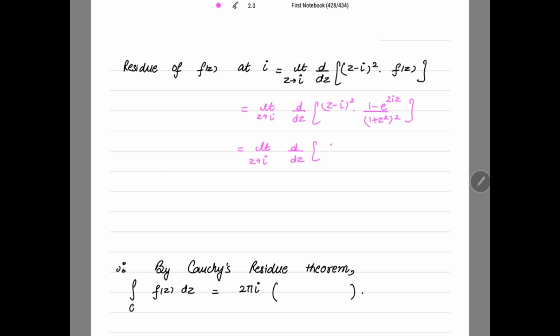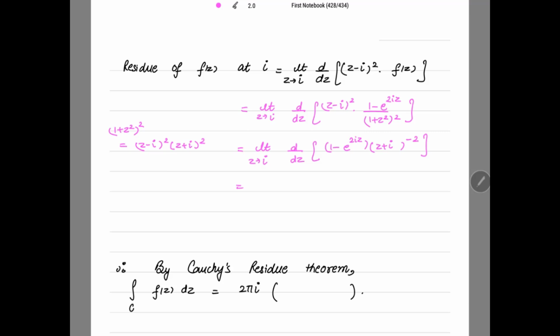So I'm left with 1 minus e to the power 2 iota z, and taking the denominator to the numerator, I will get (z plus iota) to the power minus 2. Sorry, I have to write here iota, I'm very sorry, because this is now z plus iota. This (1 plus z square) whole square is changed to (z minus iota) whole square and (z plus iota) whole square, right? So I'm left with this only.